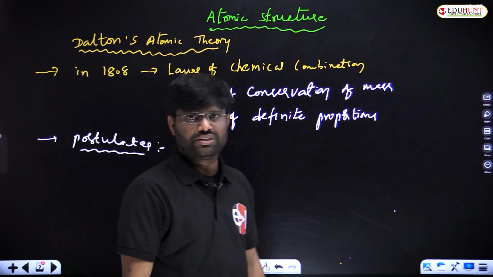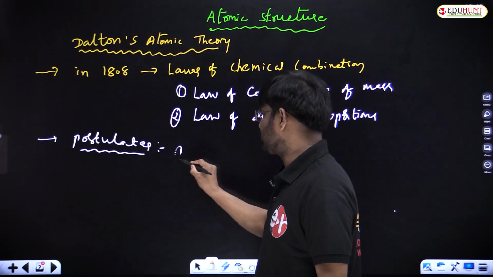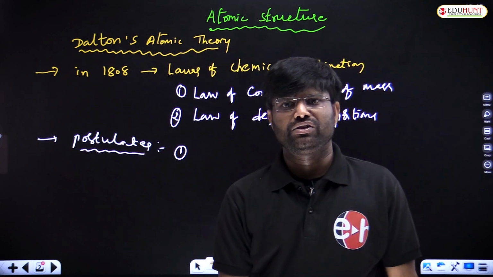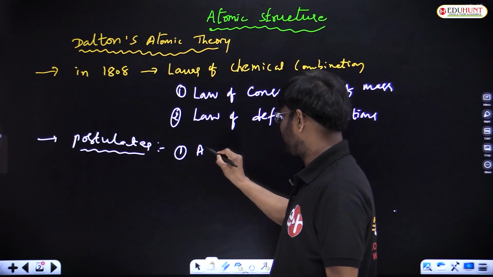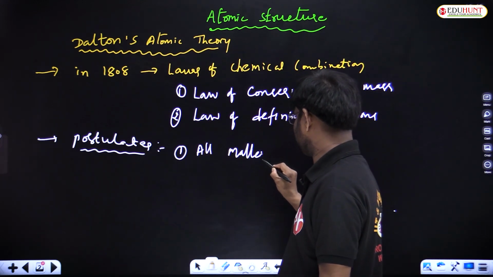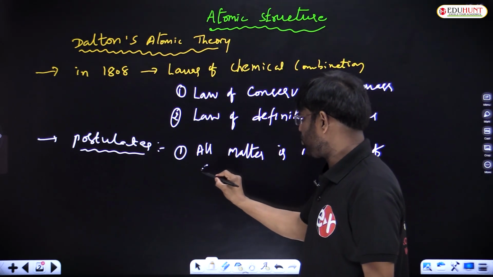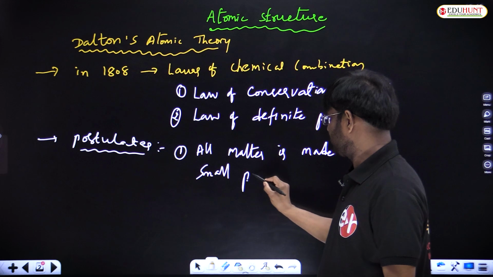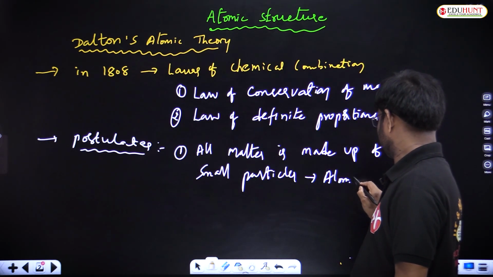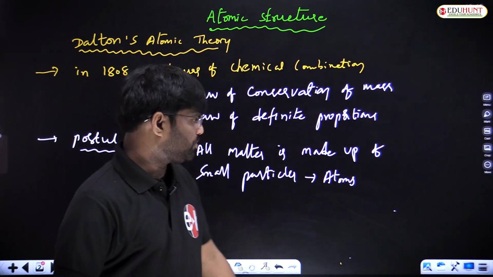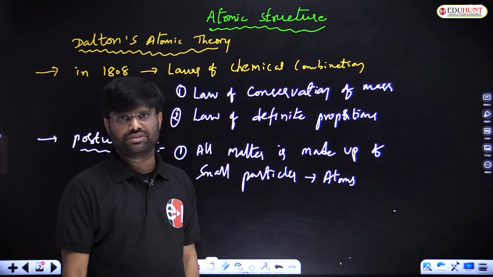So what he explained in this: the first point is that all matter is made up of small particles, and these are called atoms.